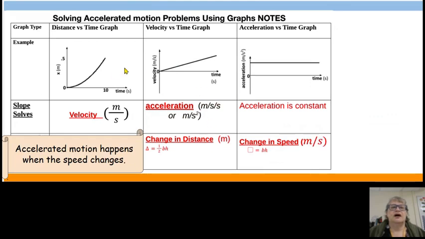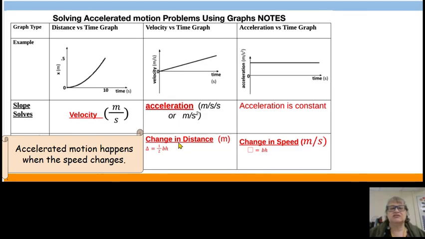Okay. When something is accelerating, right, your position time graph is a parabola. Okay. The slope is still the velocity. Okay. On the velocity time graph, you have the acceleration is the slope.